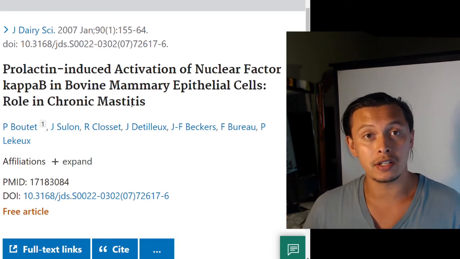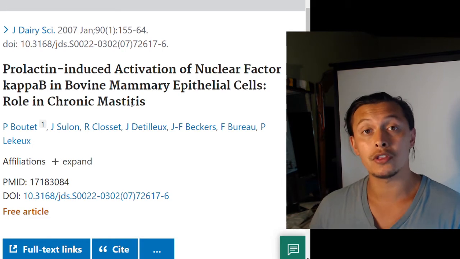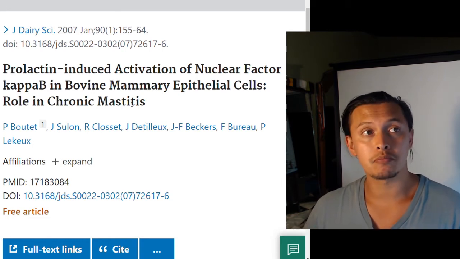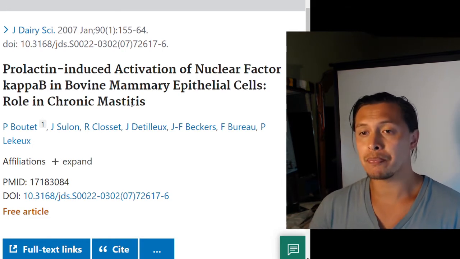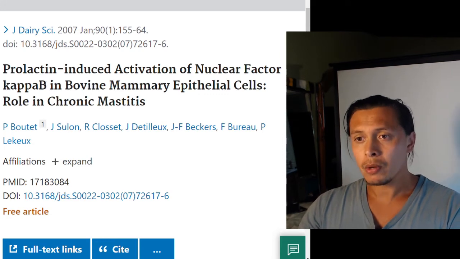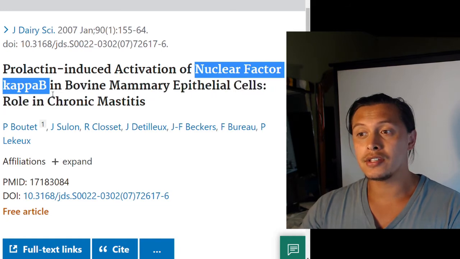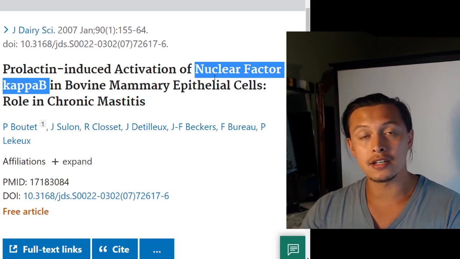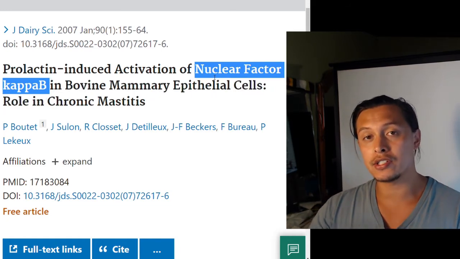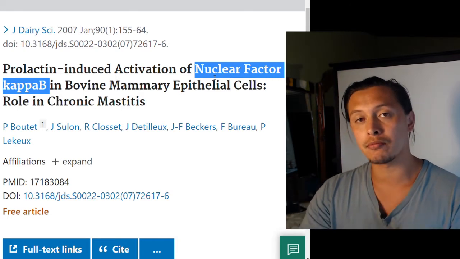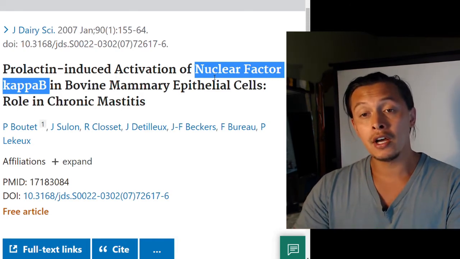It basically functions similarly to other cytokine regulatory hormones, right? So here, prolactin-induced activation of nuclear factor kappa B, this is the method by which prolactin is causing this pro-inflammatory state in a lot of people.